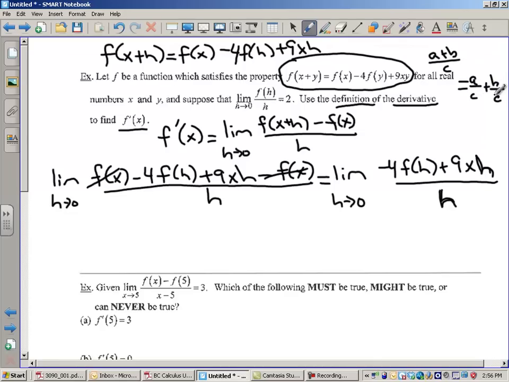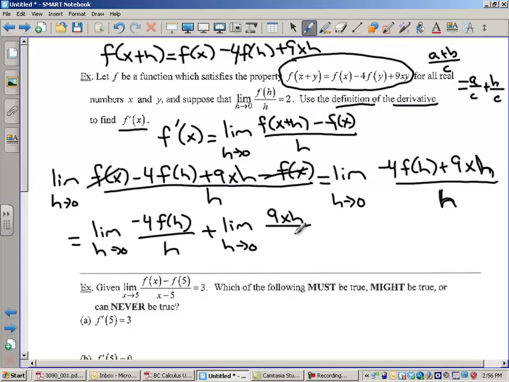That is a true statement all the time, unless c is 0, of course, but that would be silly. So I'm going to separate this into two different fractions. I'm going to have the limit as h approaches 0 of negative 4 f of h over h, and then plus the limit as h approaches 0 of 9xh over h. So I just separated those two.